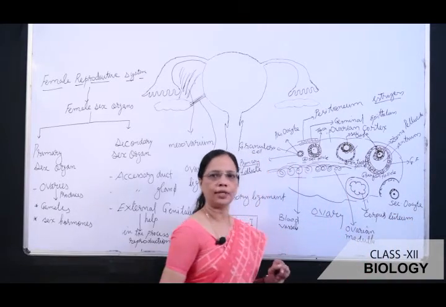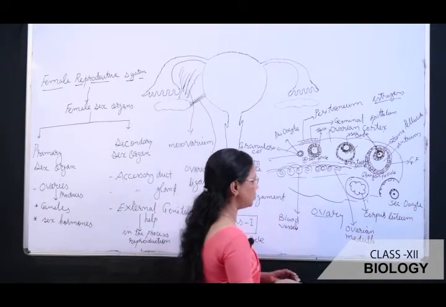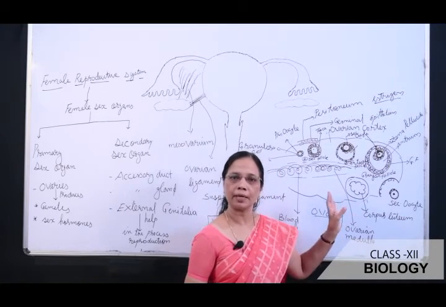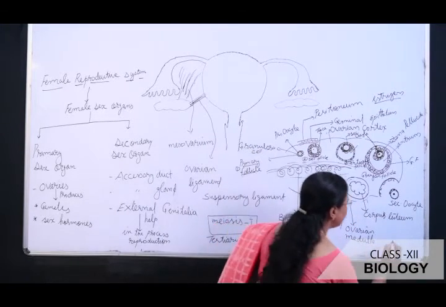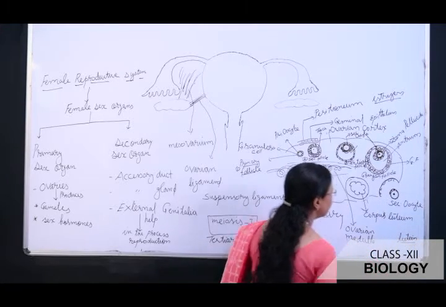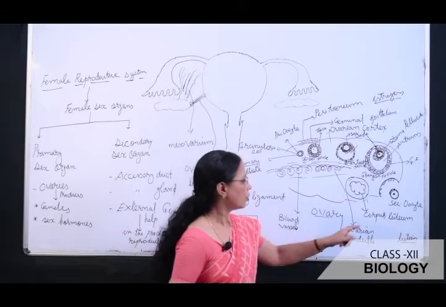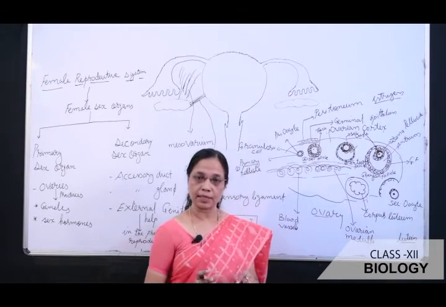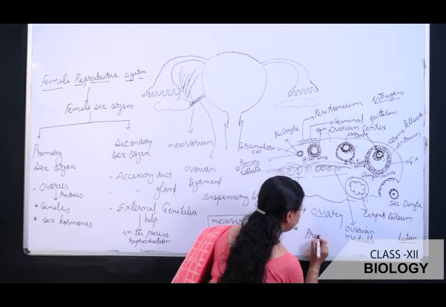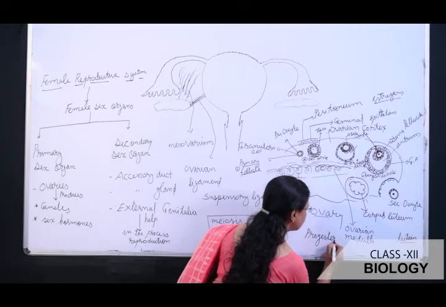This corpus luteum is a yellow tissue. The color of this tissue is due to the presence of a pigment called lutein. Moreover, it secretes a hormone called progesterone.